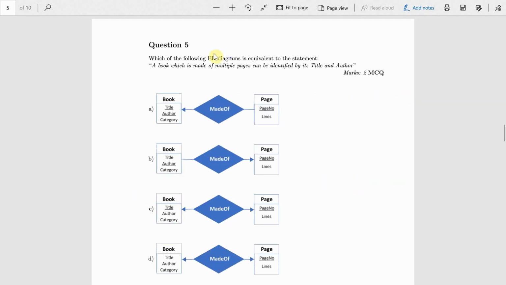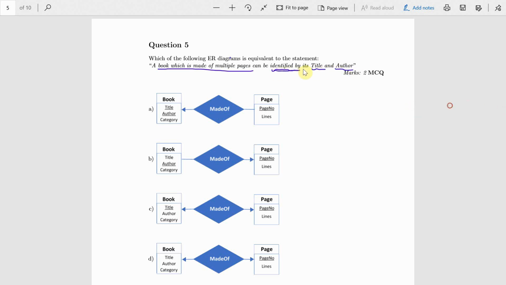Question number 5. Which of the following ER diagrams is equivalent to the statement? The statement given is: a book which is made of multiple pages can be identified by its title and author.